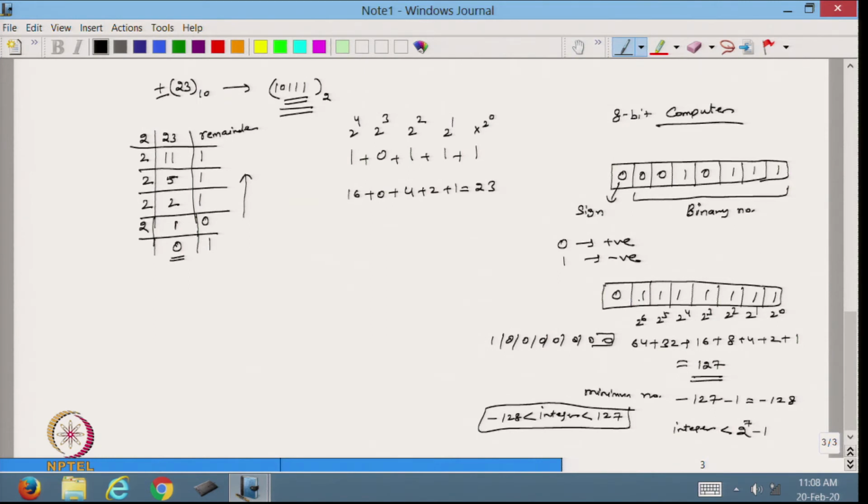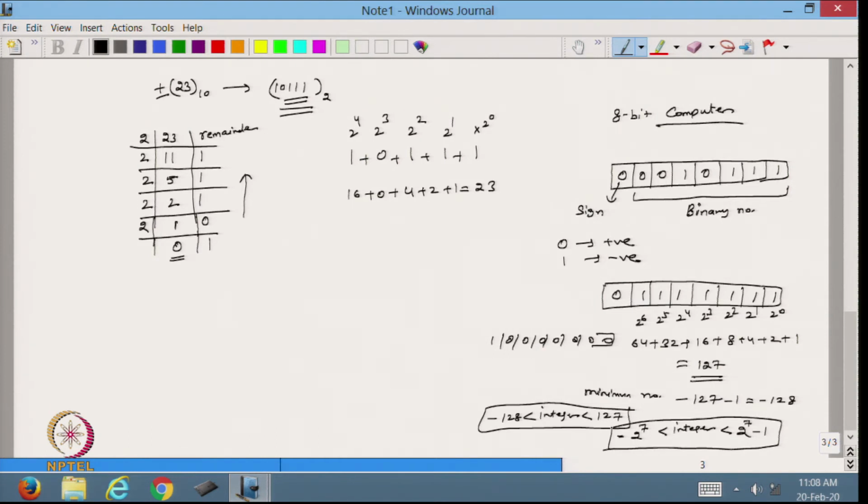So this is 7 bits, 1 2 3 4 5 6 7. So 2 raised to power 7 minus 1 is 127, and the minimum will be minus 2 raised to power 7. So that is the range we can define when we are working with the 8-bit computer.